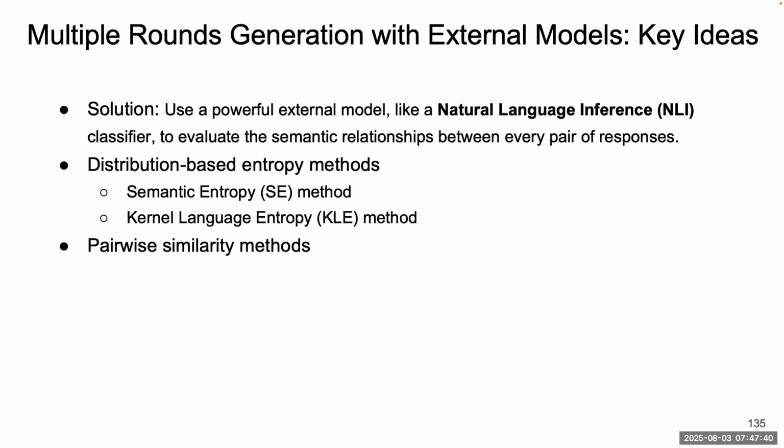So, like I said, we're going to talk about two main types of methods that use this external semantic model. First is the distribution-based entropy methods. We will talk about the semantic entropy method and the kernel language entropy method. And we will also talk about another kind of method, pairwise similarity based methods.